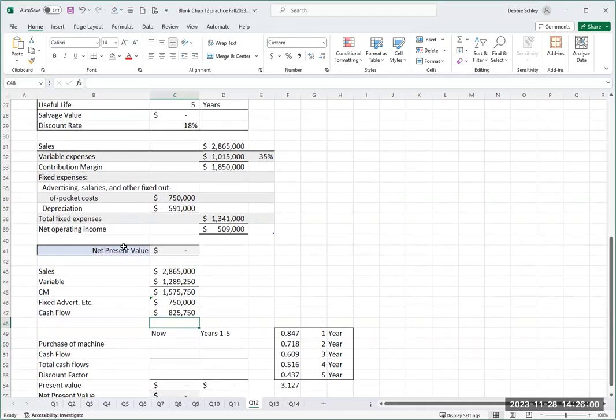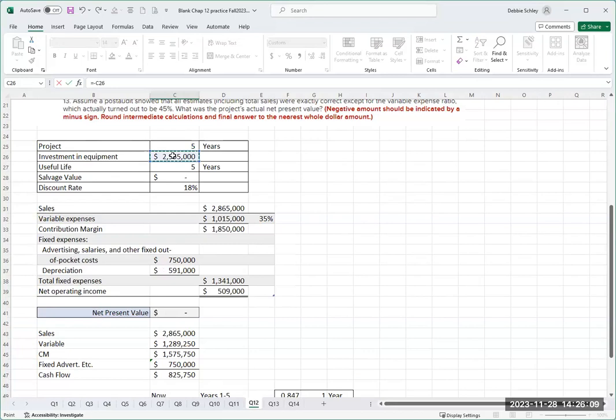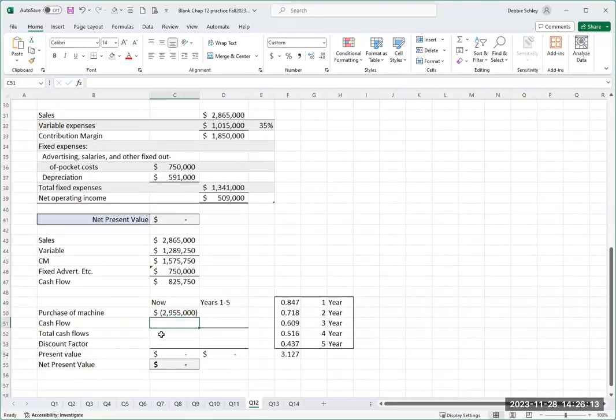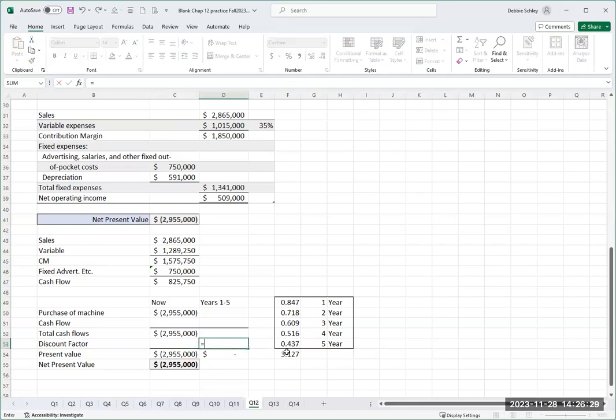So now we're talking about net present value, so we have to take into account the purchase of the machine. So that's going to be a negative 2,955,000. And again, in the now column, that's all we have to take into account. And so the present value, there's no discount factor, that is the same. I took these discount factors from the previous question. So I'm just going to reference that right there.